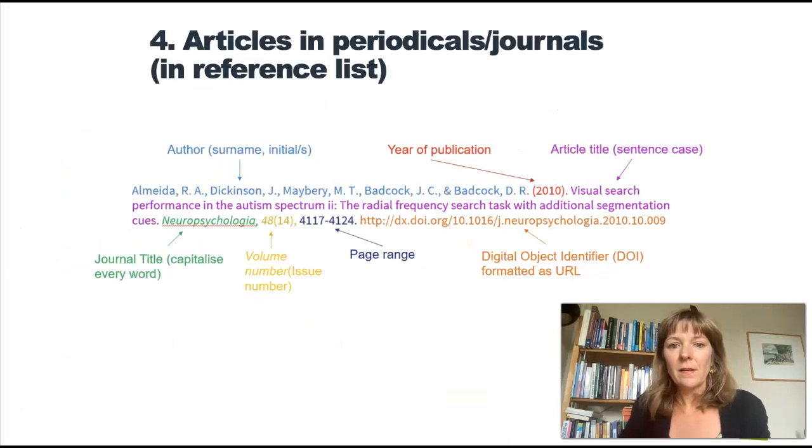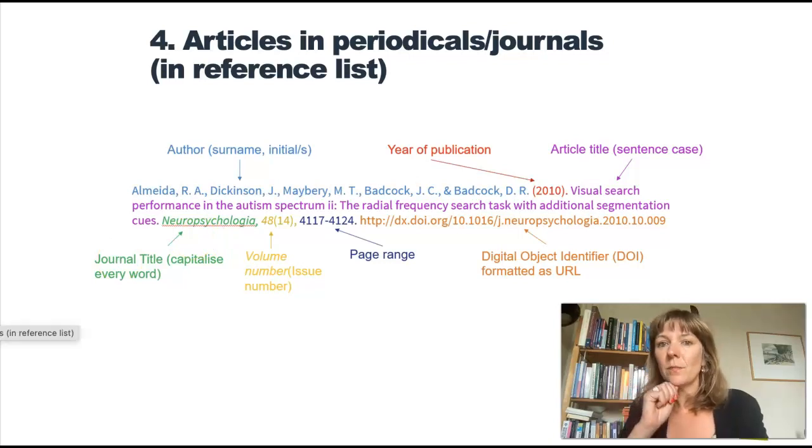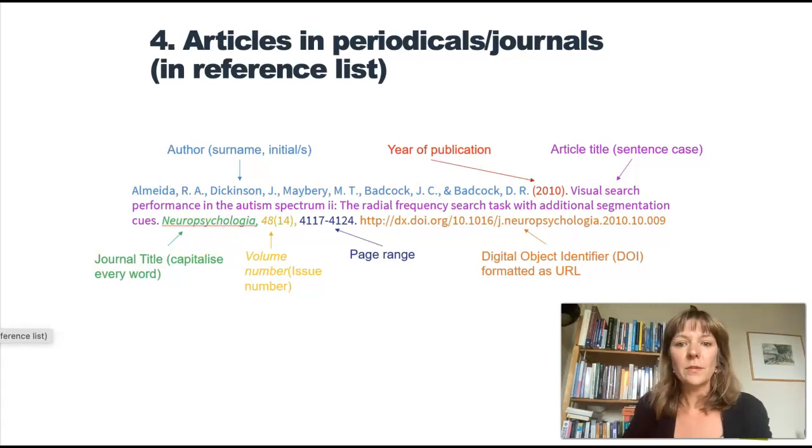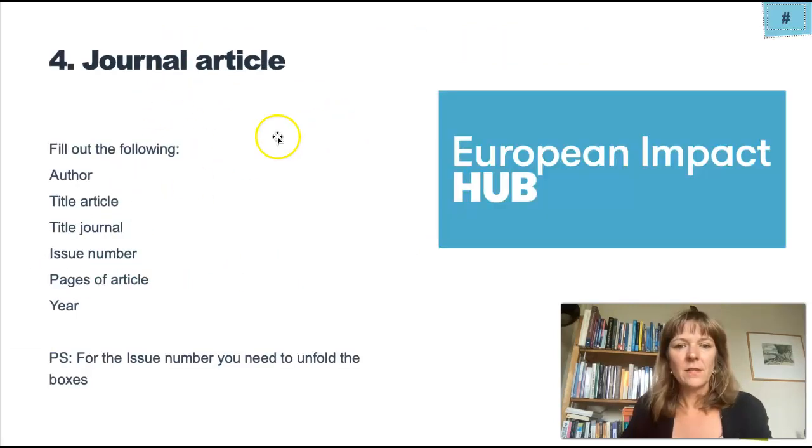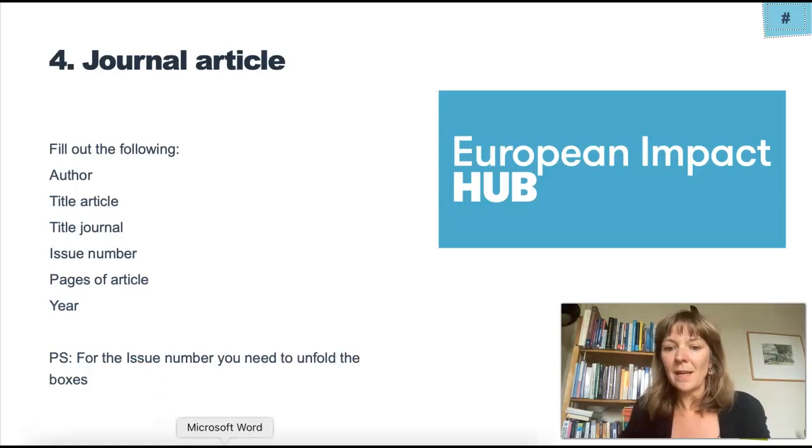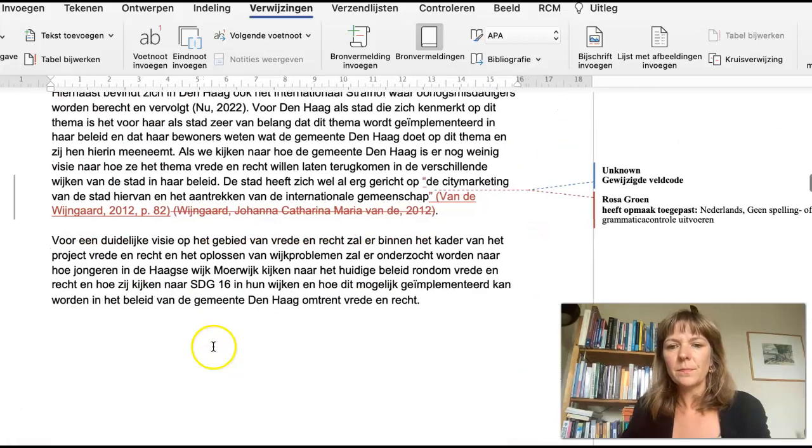So that's about articles from websites. Then we use articles from journals or periodicals. And this is how it looks in the reference list. So if you have a journal article, it's very important to open and unfold the box again and look at the name of the journal, but also the issue number and the page.